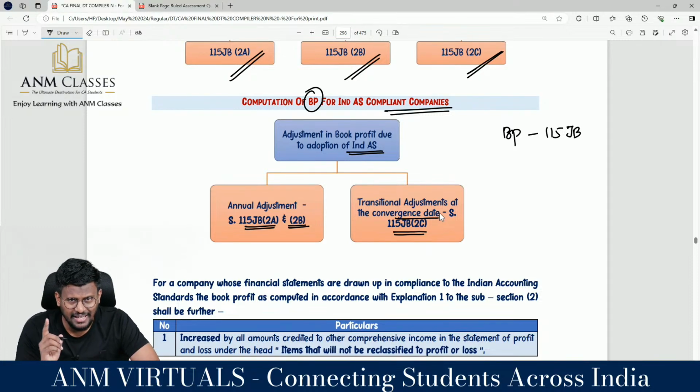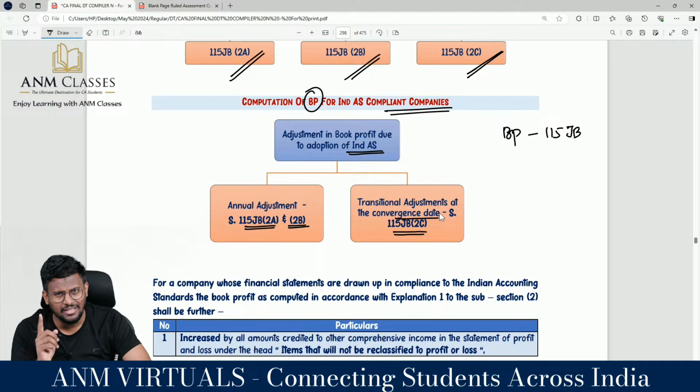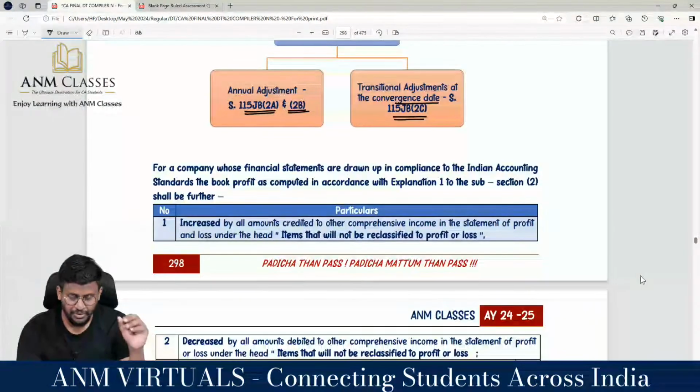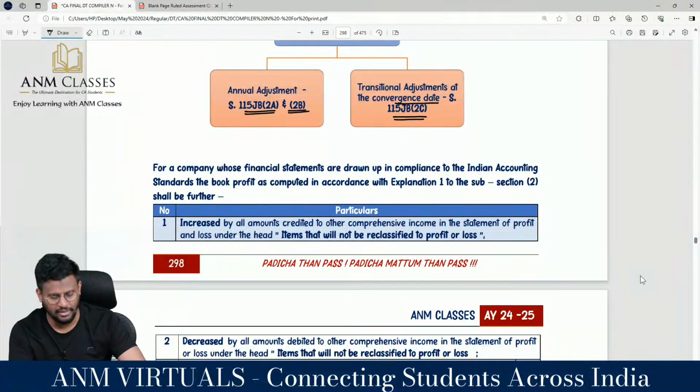That means on the date of convergence between the normal AS and the Ind AS, there will be a lot of differences between various accounts, and that will be taken care of by 115JB subsection 2C. Now we are starting one by one in detail.